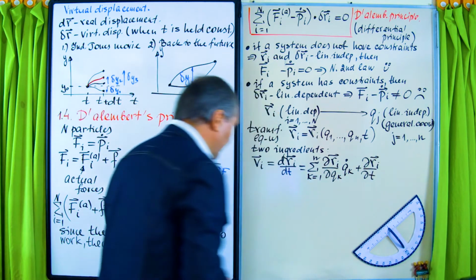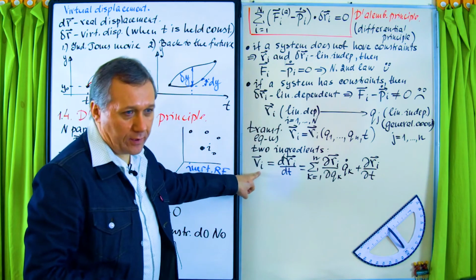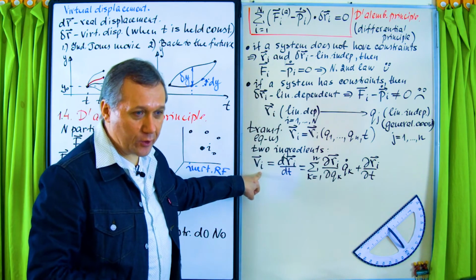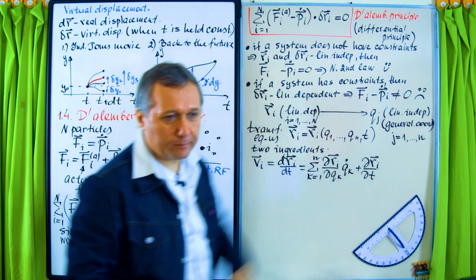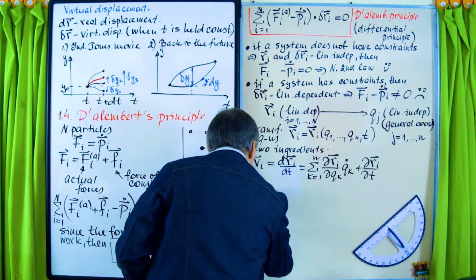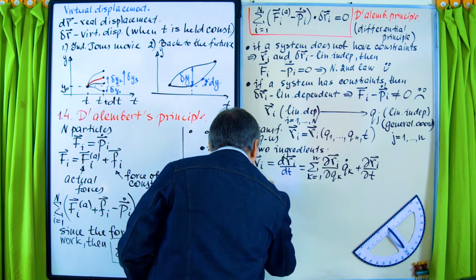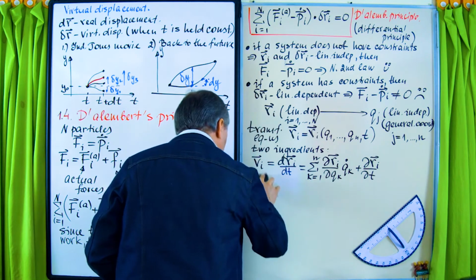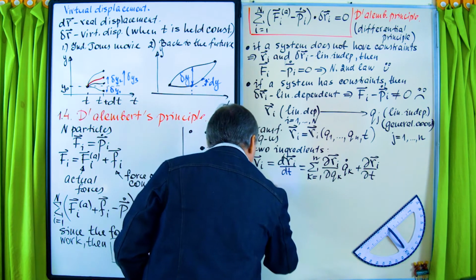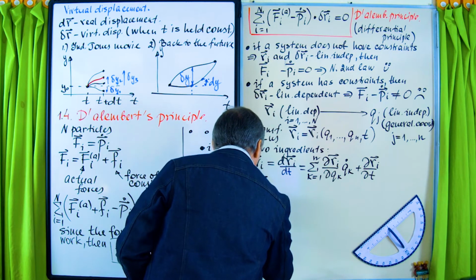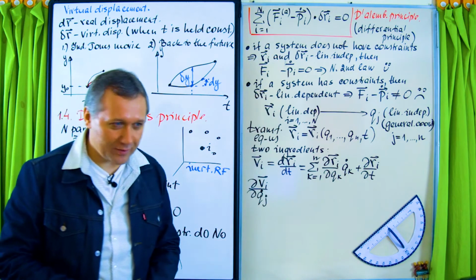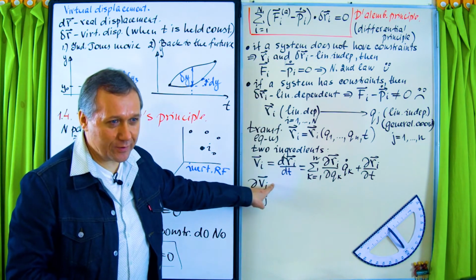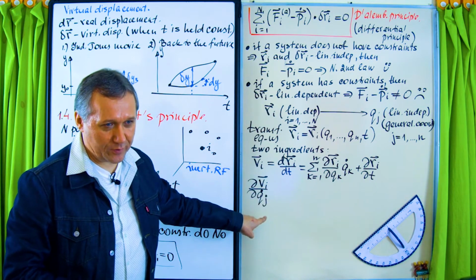Now let's differentiate this with respect to generalized velocity. Generalized velocity is just q dot. So now the partial derivative of v_i over q_j dot. Basically velocity over velocity: velocity in Cartesian coordinates and generalized velocity.